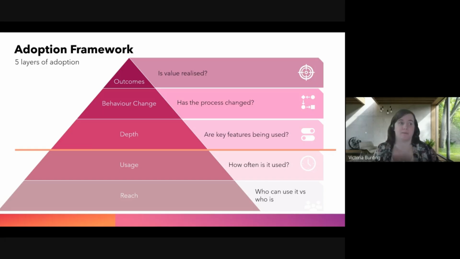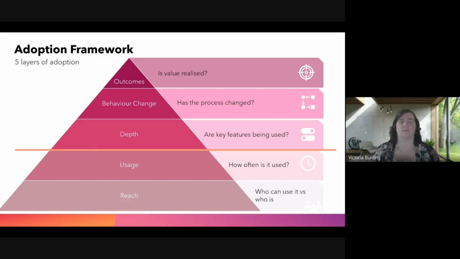So the next interesting point is when you look at the depth. How is it being used? Not just whether it was opened. Where is that benefit? What elements are being used in that solution, that software, that system? What elements are actually being used and really driving that change? Then there's the actual behavioural change. So has the old way of working actually stopped?